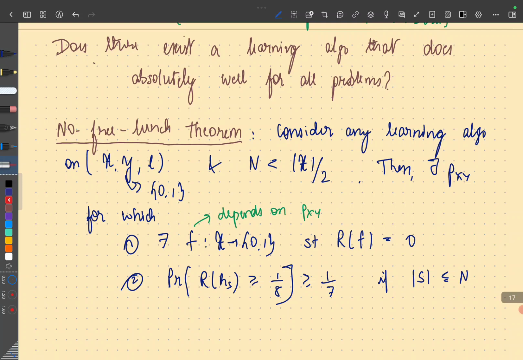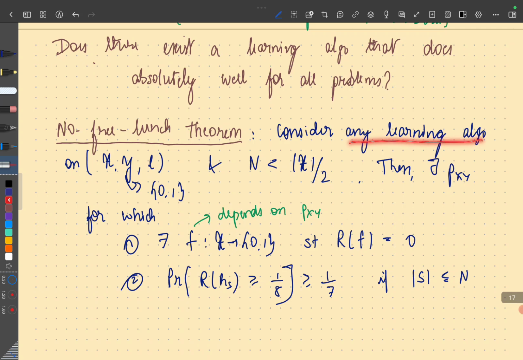So you take any possible learning algorithm. It doesn't matter which one. And just to parse this theorem a little bit, I've not defined a hypothesis class here. Implicitly, the hypothesis class could be the set of all possible functions or some other restriction. That's still fine.